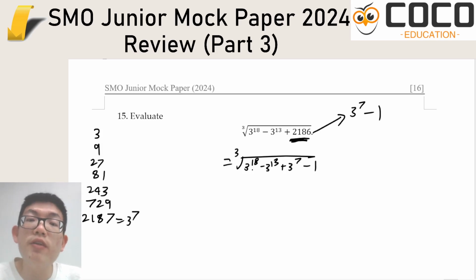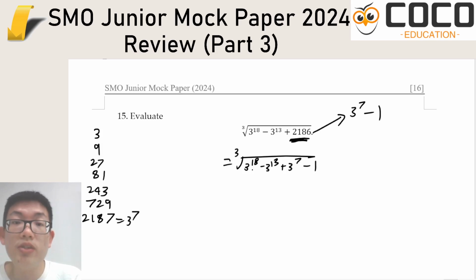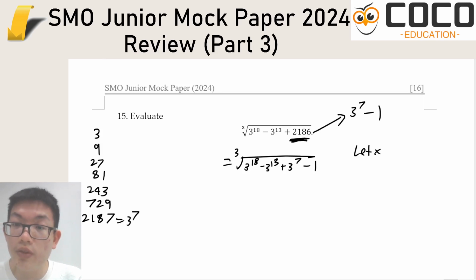I'm noticing that all of these are powers of 3, and so I do want to do a substitution for the purpose of simplifying this. The substitution that I'll do is to let x be 3 to the power of... Now I want a choice that makes all of this nice.